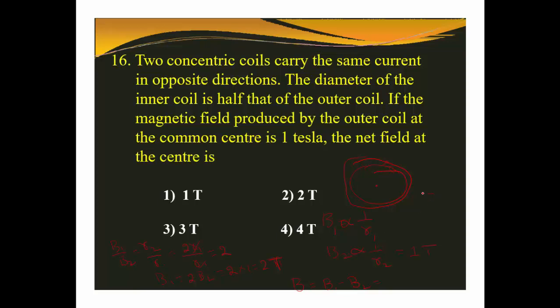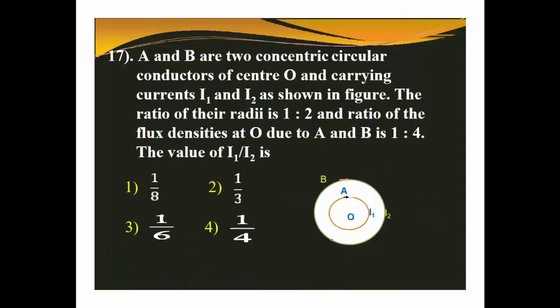Because the two circular coils carry currents in opposite direction, so the magnetic fields will be opposite. If you substitute 2 Tesla minus 1 Tesla, the total magnetic field is 1 Tesla. So the option is the second one. Okay, go for the next question.